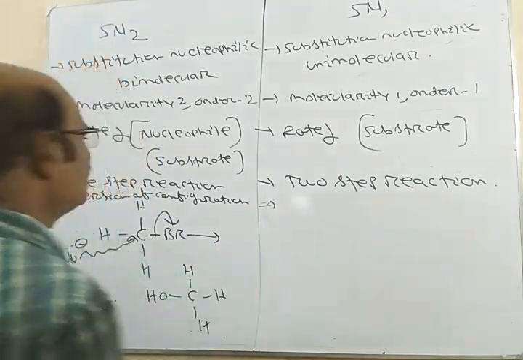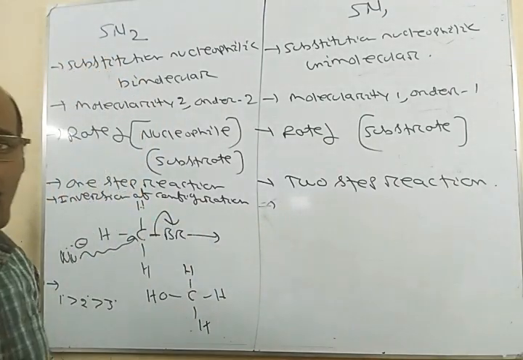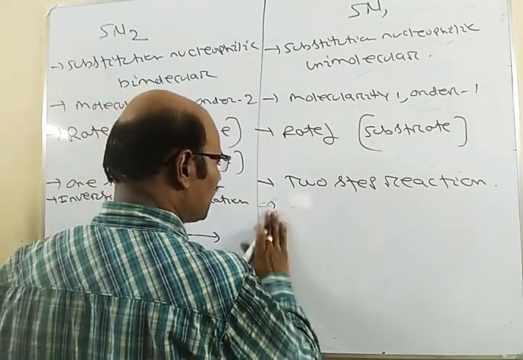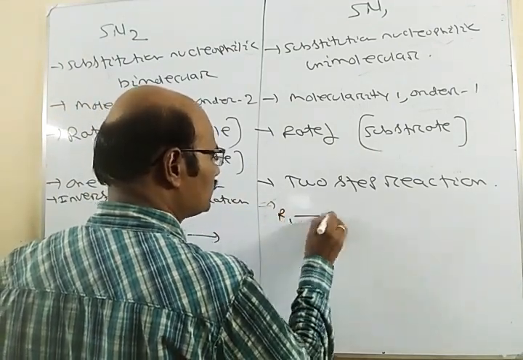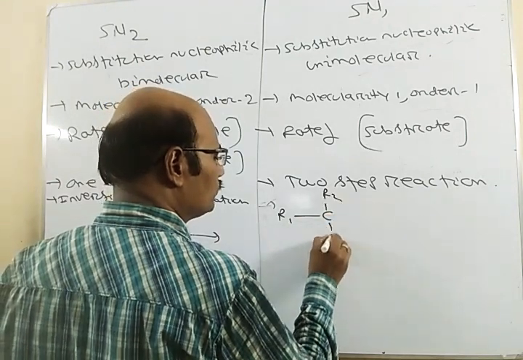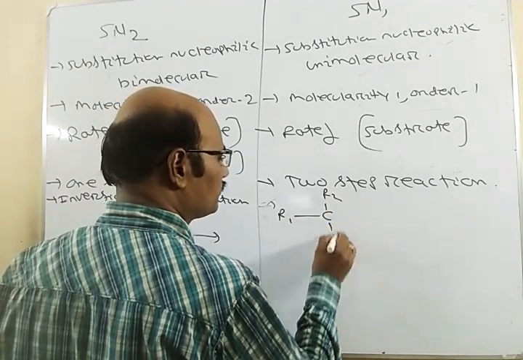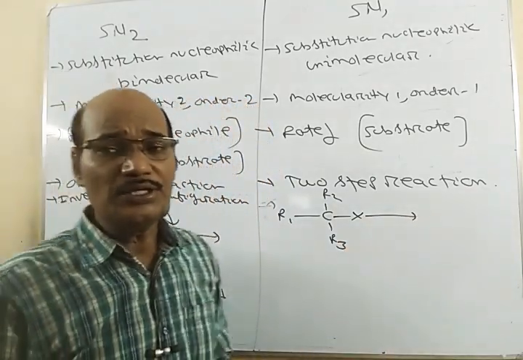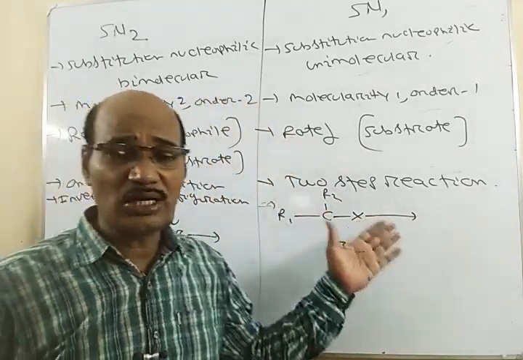Now this is a two-step reaction, SN1. First of all, suppose I have R1, C, R2, R3, and X. In the case of the SN1 reaction, it is a two-step reaction.